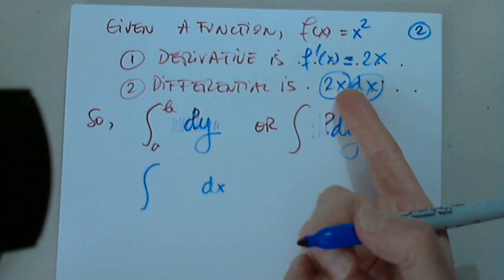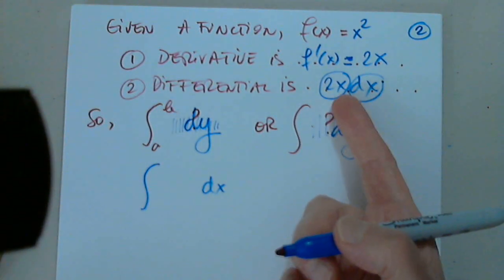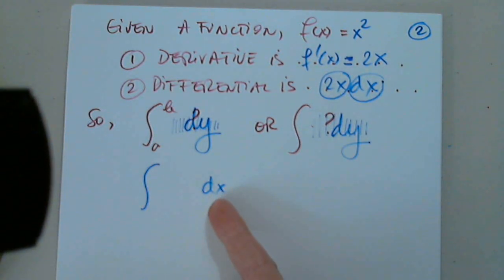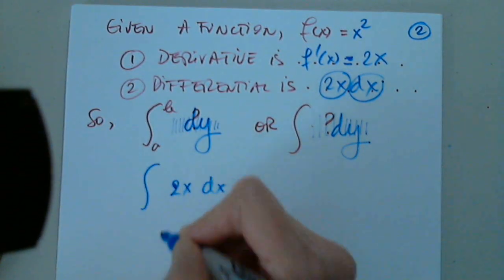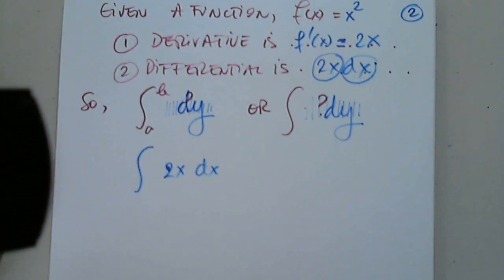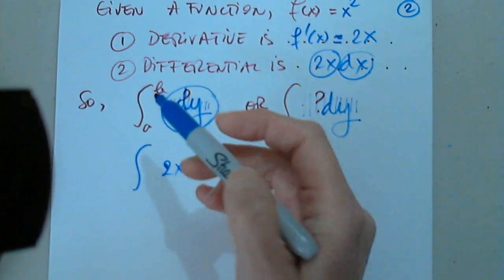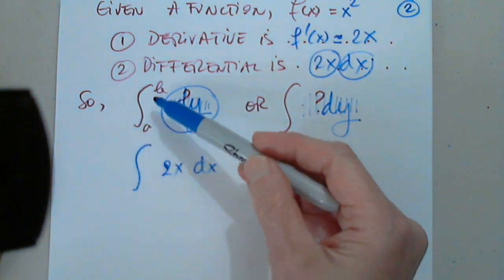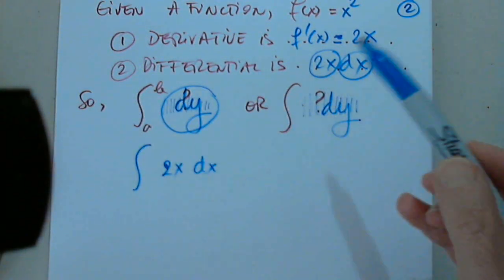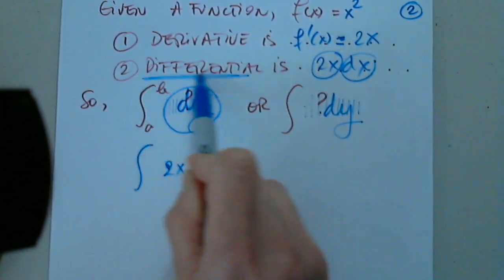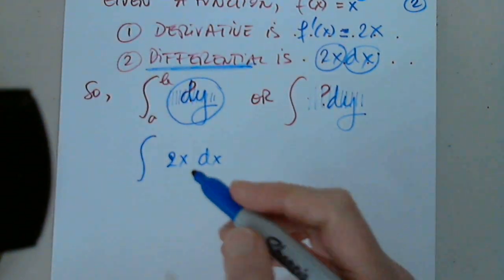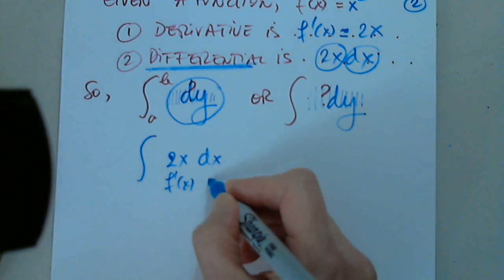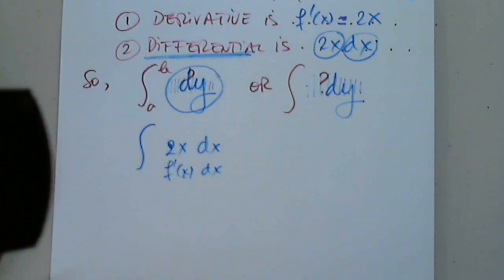Since the function has x in it, it will be dx. If the function has t in it, it will be dt. So this will be 2x dx. We always calculate a definite or indefinite integral from the differential of a function, f prime of x dx. Okay, enough of that. Well done.